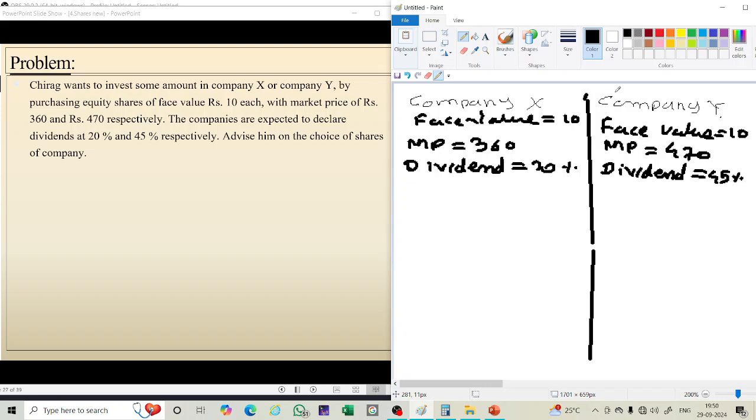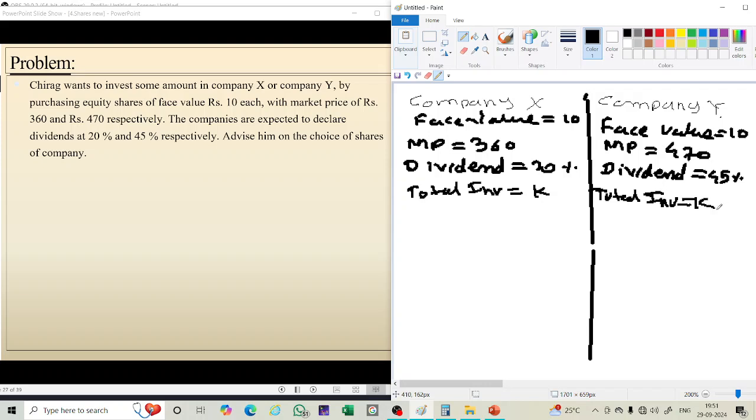Now first we consider the total investment of Chirag. Total investment, consider K. Now here also total investment we consider K.